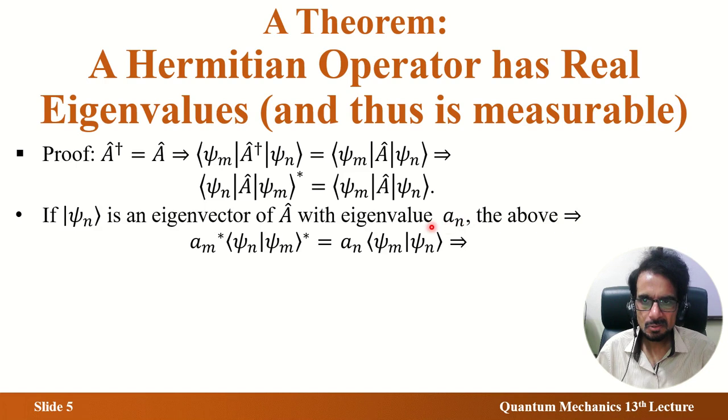And now the eigenvalue I introduce. If I say that psi n is an eigenvector of the operator, the right hand side is easier, so better to start with the right hand side. If psi n is an eigenket of the operator, then you recall the definition of eigenket or eigenvalue: the operator is replaced with the eigenvalue, and the eigenket remains unchanged.